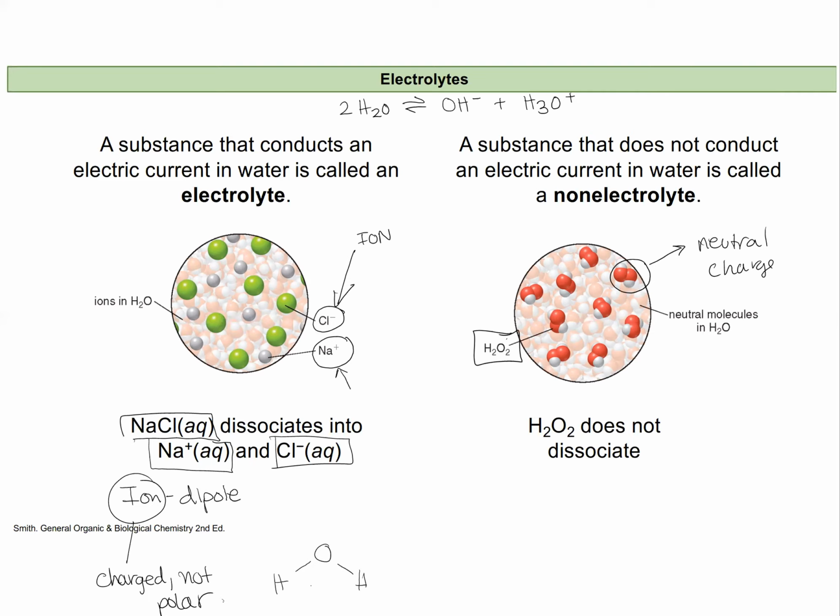So that way there ends up being a partially negative end to the molecule and a partially positive end of the molecule when it has a dipole moment. And so a negative or positive charge can interact with something that has a dipole moment.